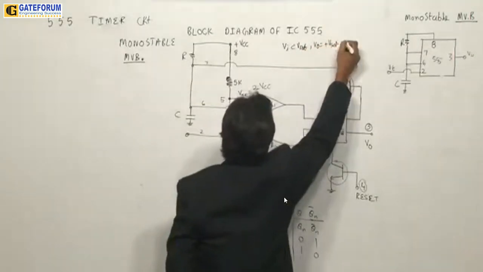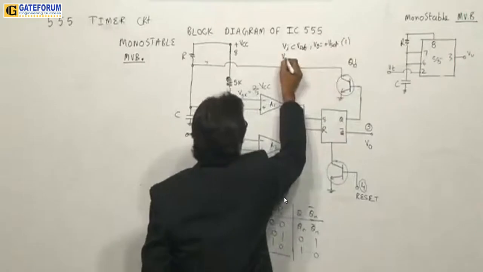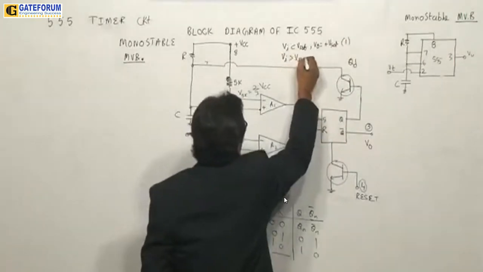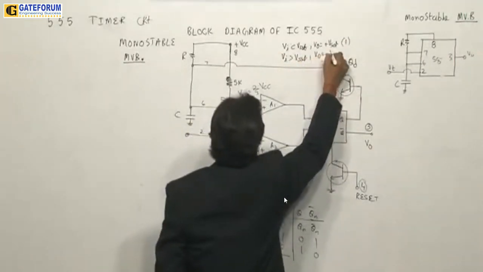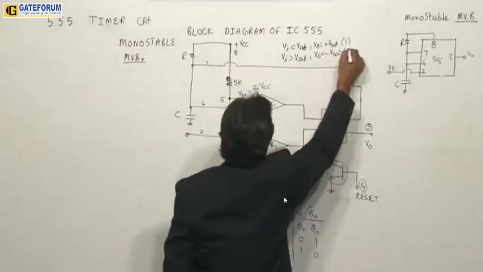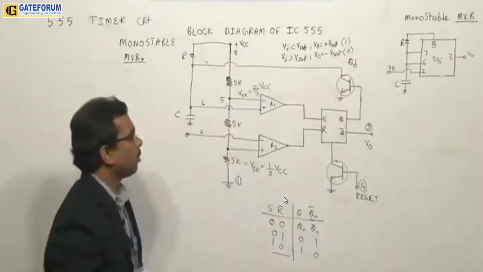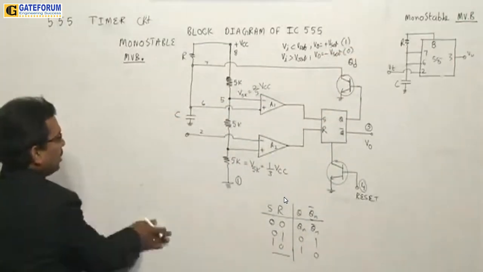If Vi is less than V reference, then V output is plus Vsat, and plus Vsat I will consider as 1. Vi greater than V reference, then V output equals minus Vsat, then I consider this as 0. This you need to remember.